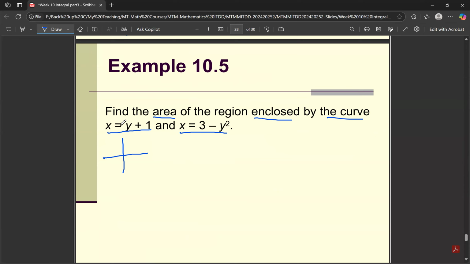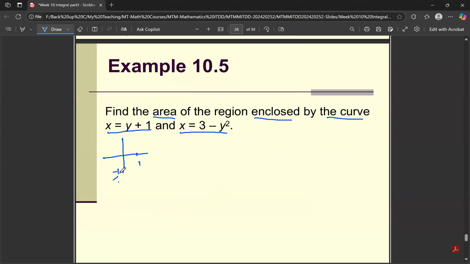X is equal to y plus 1, substitute y by 0, we have x is equal to 1 here. Then y is equal to 1, y is equal to 0, so x is equal to 0, y is equal to minus 1.